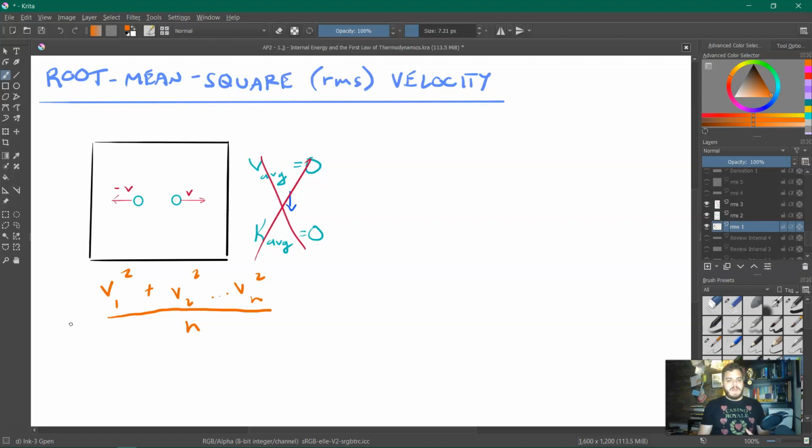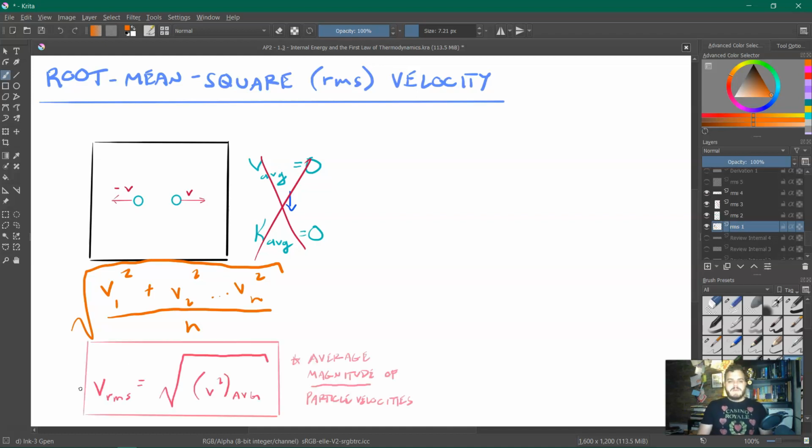And when we are done, we just take a square root of the whole thing. It's a different way of calculating average, and it won't get the exact same value as an average, but it will be very, very close. But it allows us to ignore the positives and negatives and just focus on the positives. So v RMS is equal to the square root of the average of the v squared value. So essentially we are taking the average magnitude of particle velocities. That's a way to think about it.